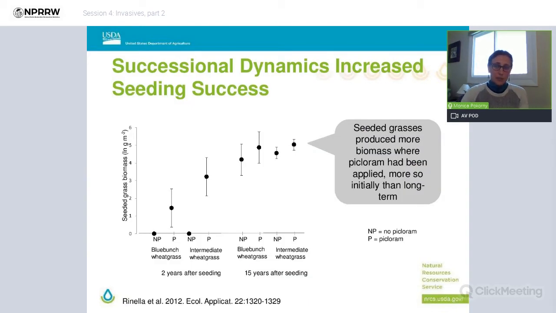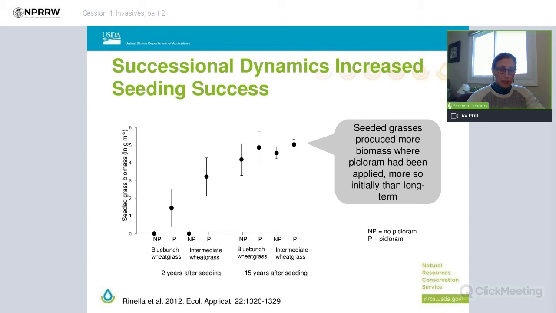So in a similar study in Western Montana, where we went back and looked at 15 years after seeding, we looked at the successional dynamics theory again. On this study, we seeded, and you can see the results here, 2 years after seeding, 15 years after seeding.